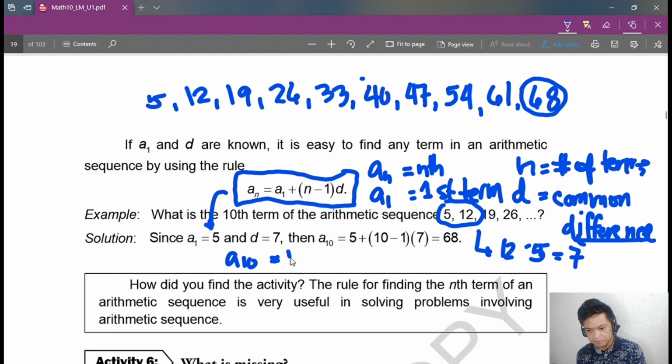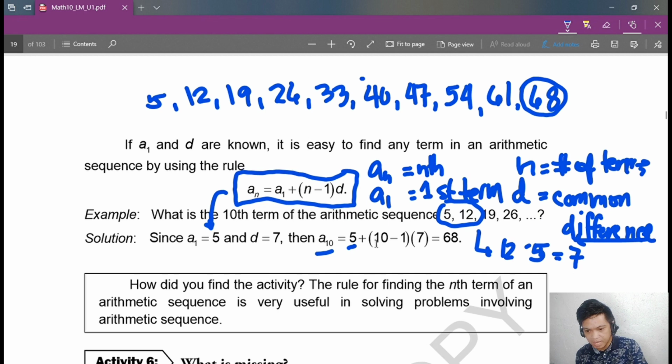First term is 5. 5 is the first term, tama?